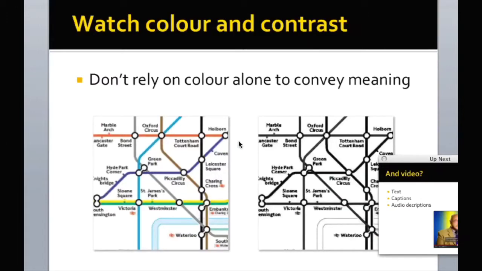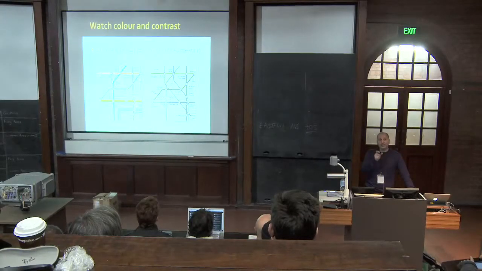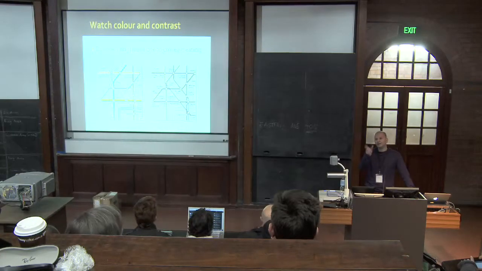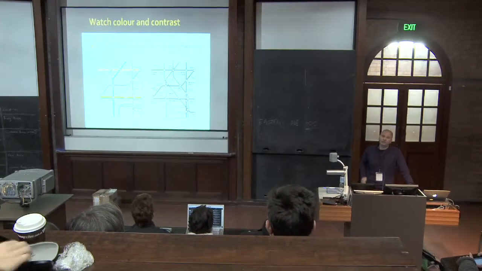Don't rely on color alone to convey information. Everyone knows the London Tube map, but as soon as you take away that color, you lose a lot of information. So if you are using traffic light signals to signify something, like maybe danger, alert, or good, use text as well. So next to the red button, use the word red or danger or whatever, so that there's a text basis to the information you're conveying.